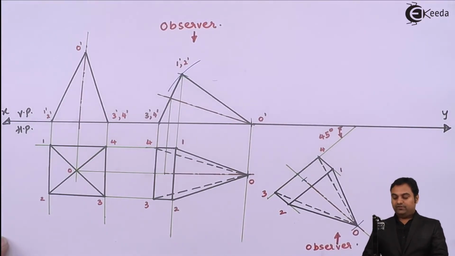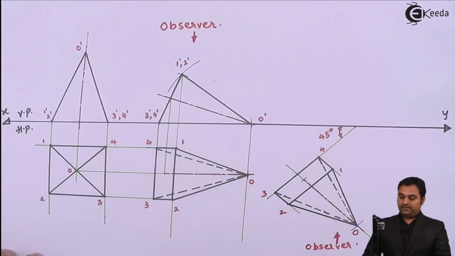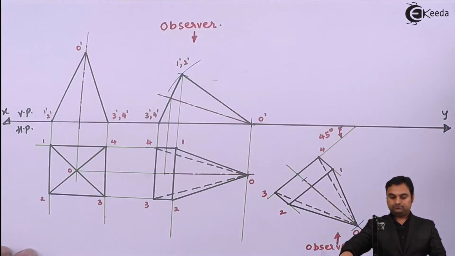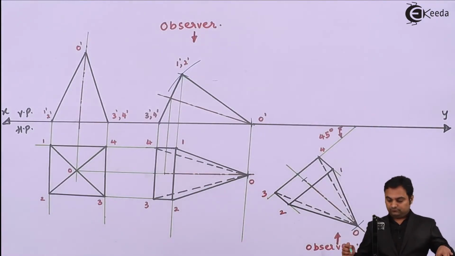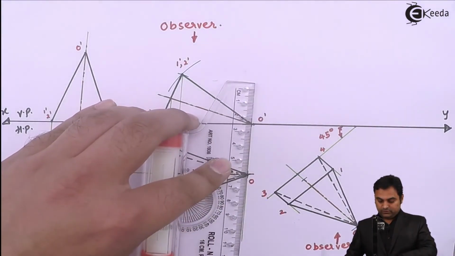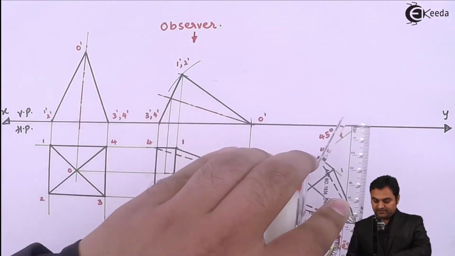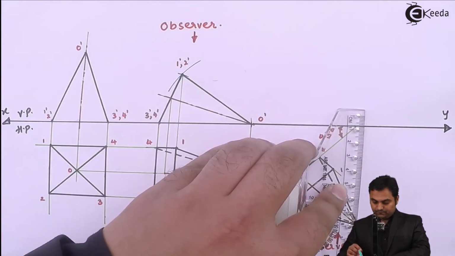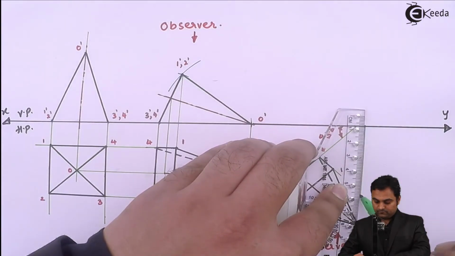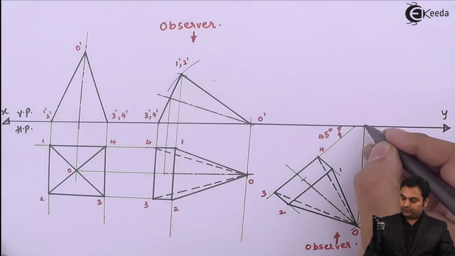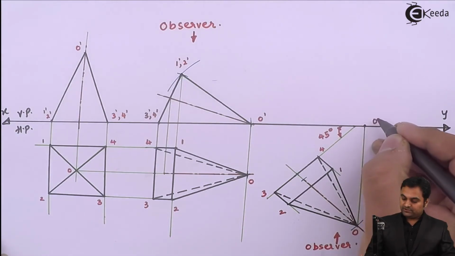Now by observing it from this side, that is the top view, we are going to draw the front view. So first, the closest point to the observer is the apex. I'll project the apex here, which is point O double dash.